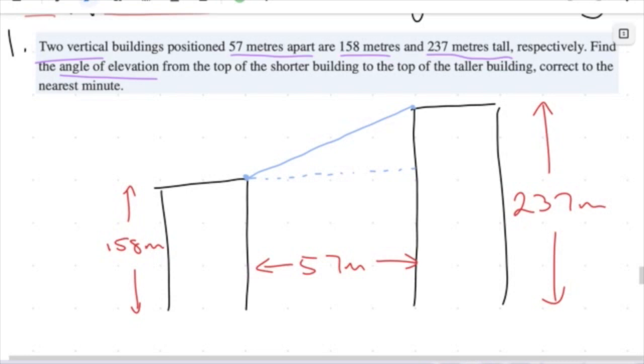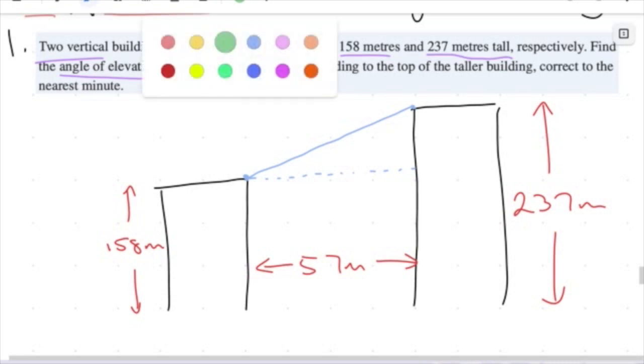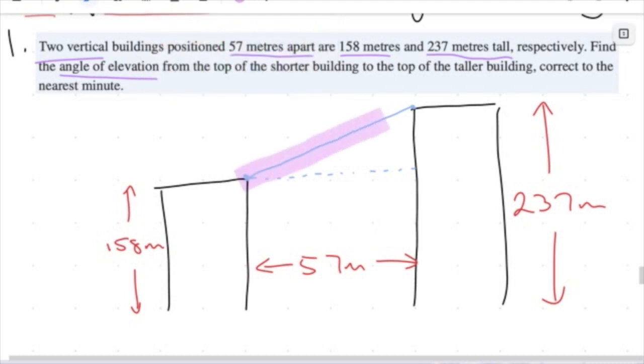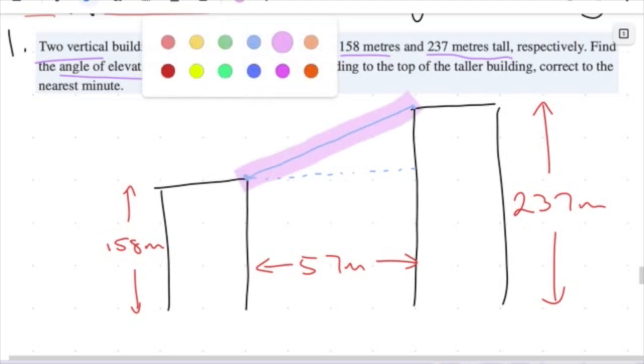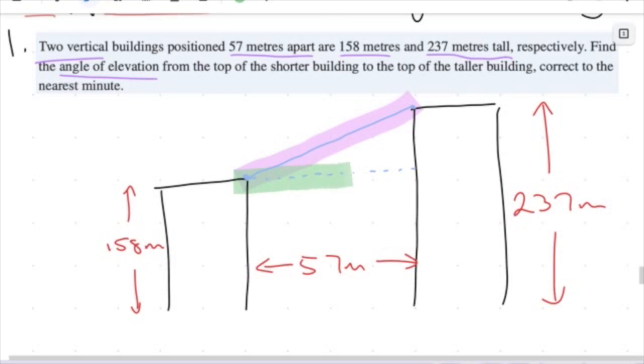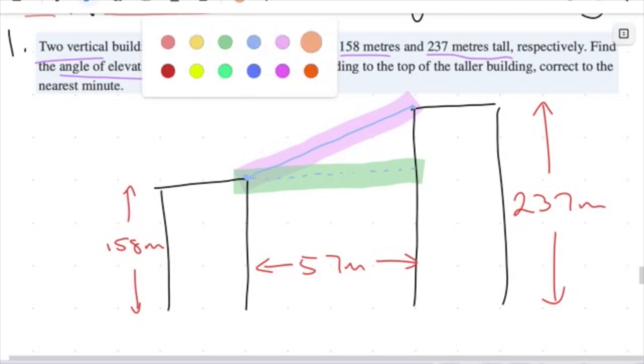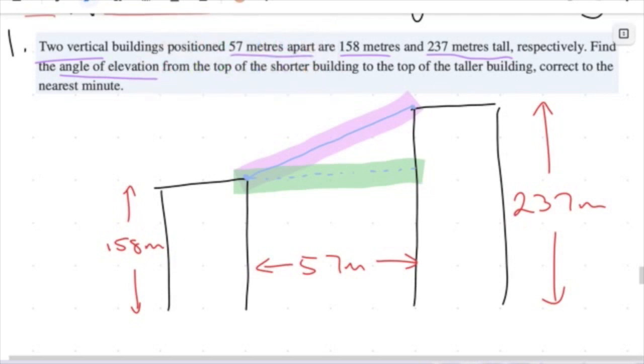So if you look at this little imaginary line I've constructed here, and this kind of eye line, as well as the bit on the taller building between these two points, I now have a right angled triangle.